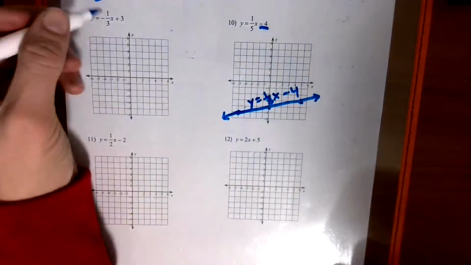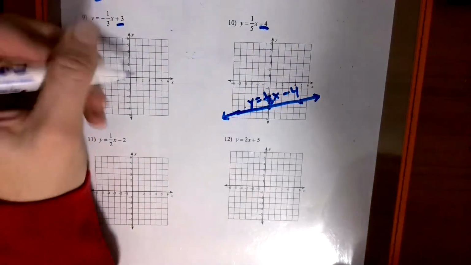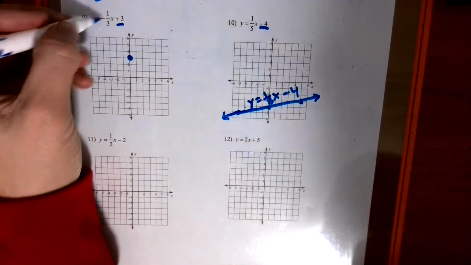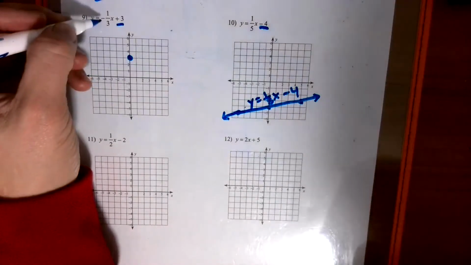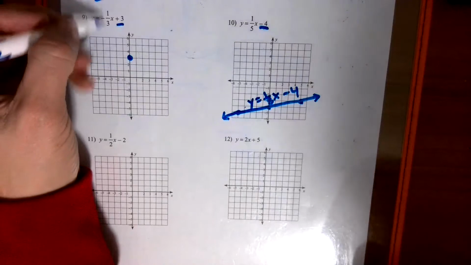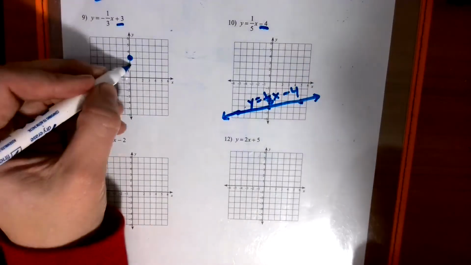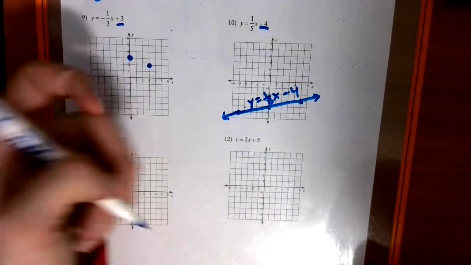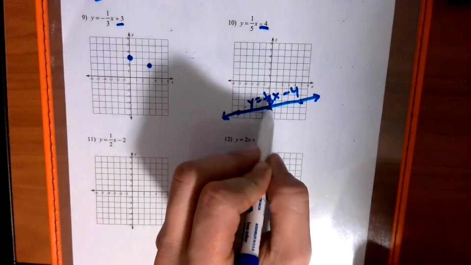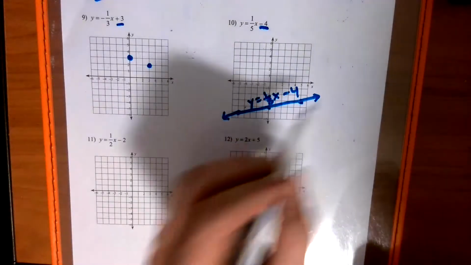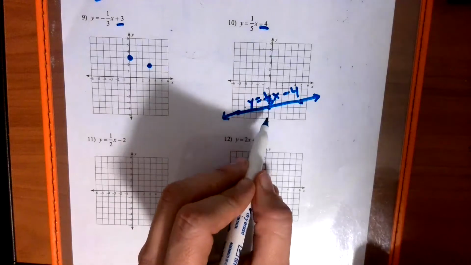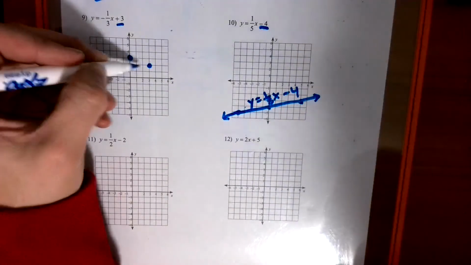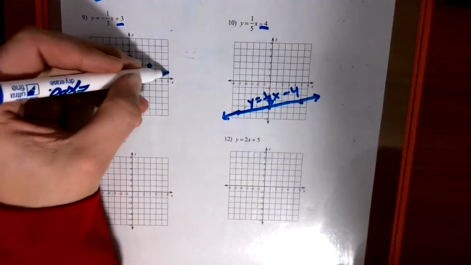All right, so looking over here, we see that we're going to start at the +3, but this is a negative. So this means we're going to go down first because this is a down 1 over 3. So we're going to go down 1 over 3: 1, 2, 3. Do you notice we always are heading to the right, though? Even when we're here, we're going up 1 over to the right. But when I want to extend my line, I go down and over. Same concept here. I start at the 3, I go down 1 over 3, down 1 over 3.